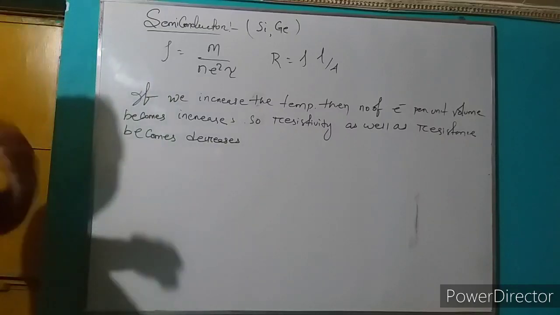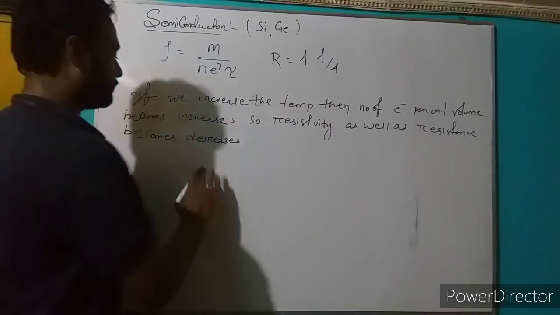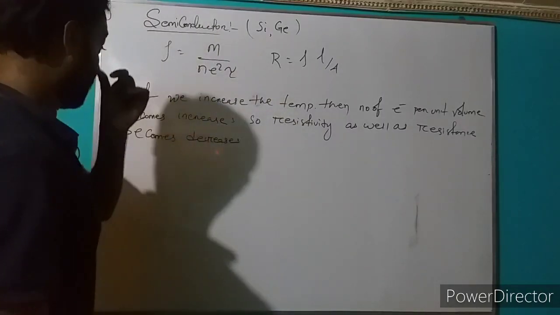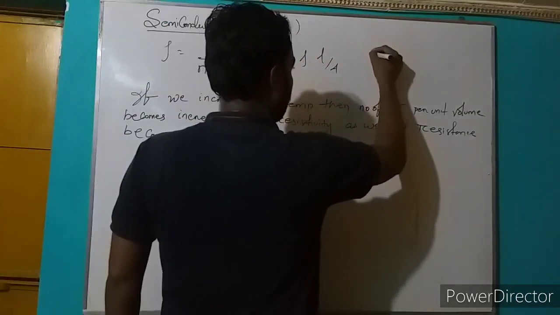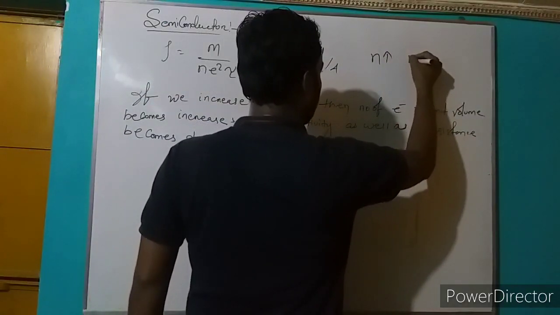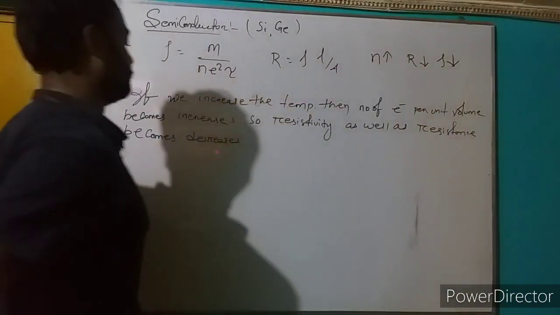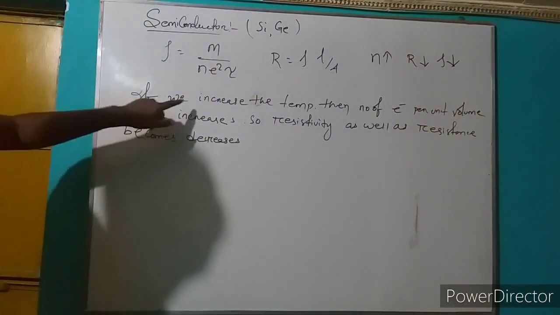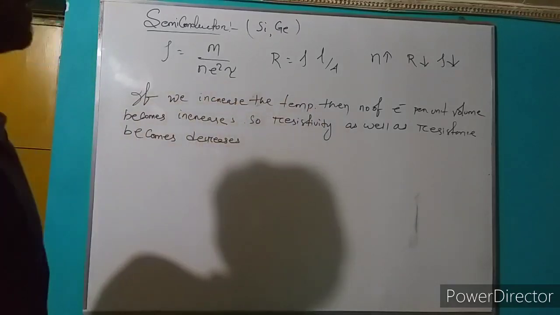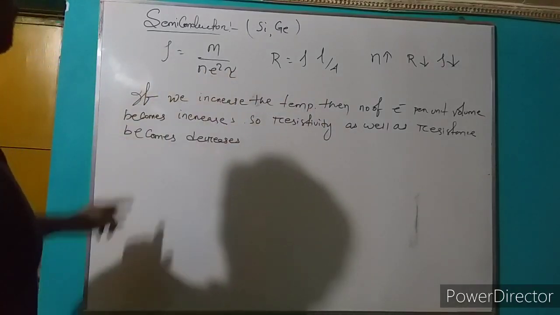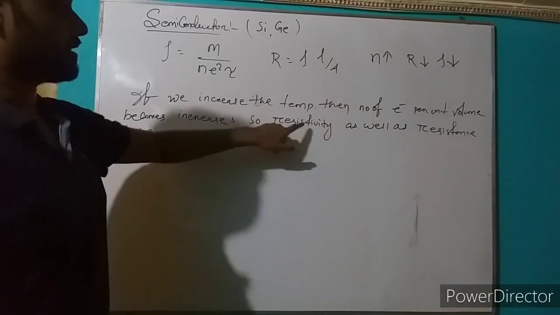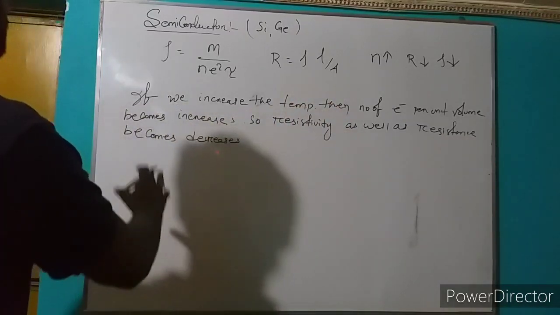Clear? That means n increases, R decreases, rho also decreases. If we increase the temperature, the number of electrons per unit volume increases, so resistivity as well as resistance decreases.